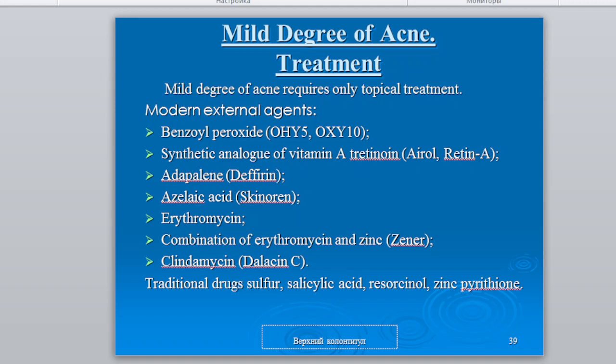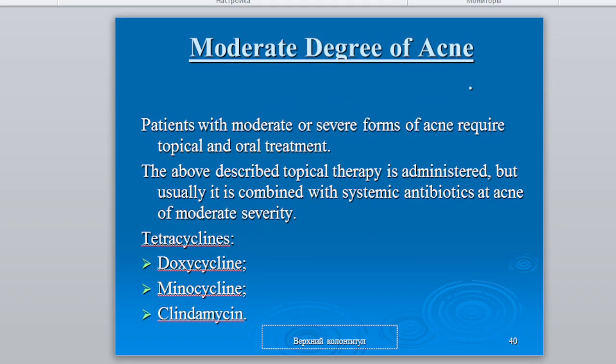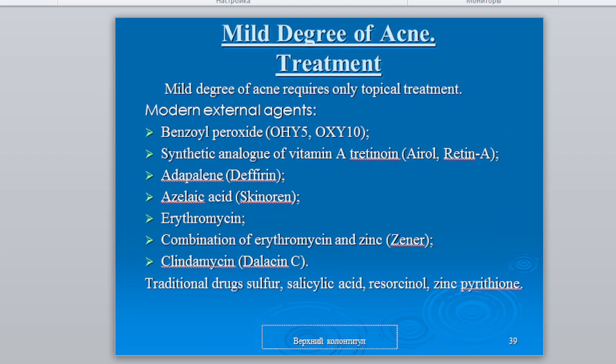Modern external agents: benzoyl peroxide, synthetic analog of vitamin A tretinoin, retinoid adapalene, azelaic acid, erythromycin, combination of erythromycin and zinc, clindamycin. Traditional drugs: sulfur, salicylic acid, resorcinol, zinc pyrithione.